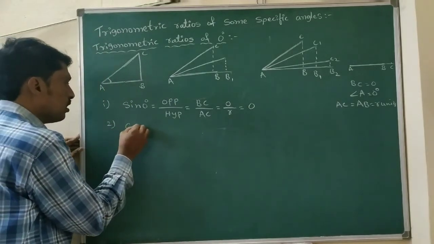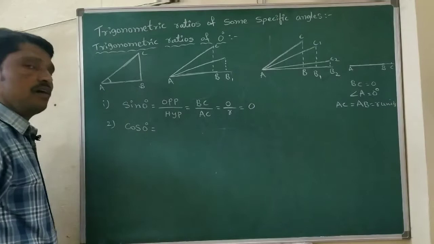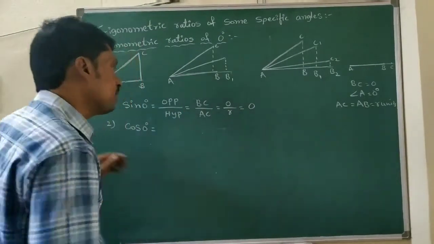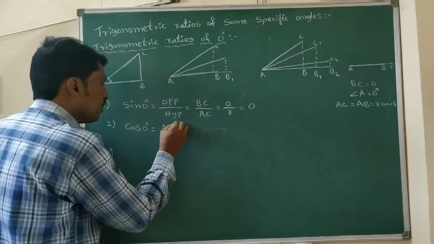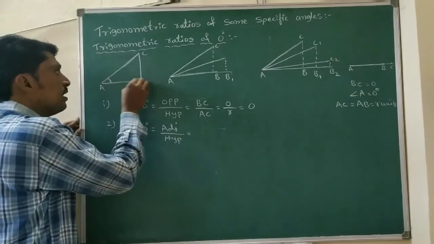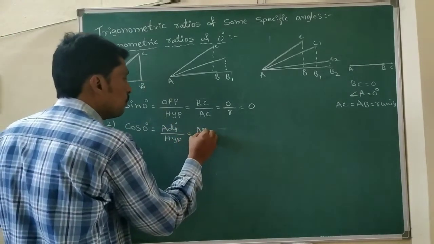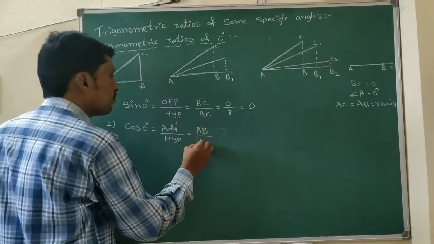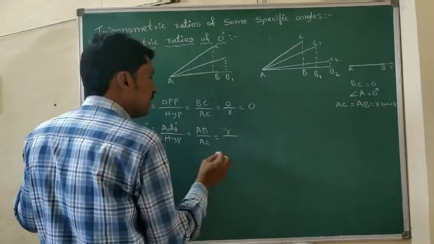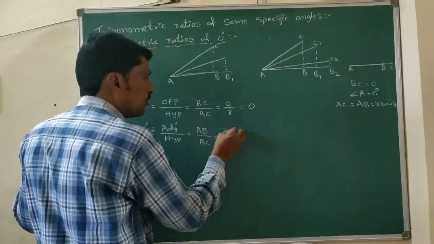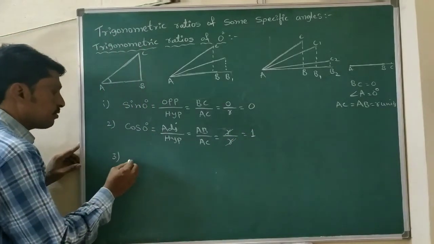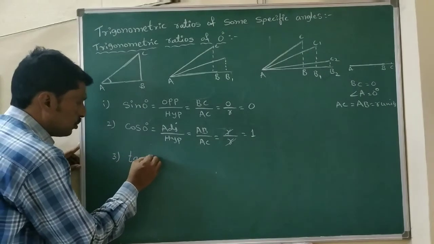Next, the second one, cos 0 degrees. What is cos? Adjacent side to angle 0 by hypotenuse. What is the adjacent side here? AB is the adjacent, and the hypotenuse is AC. AB value we took as R units and AC value is also R units. R by R is 1. Next, the third one, tan 0 degrees.